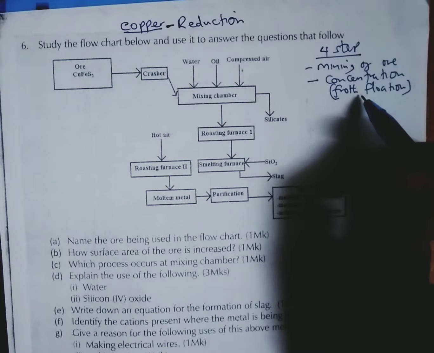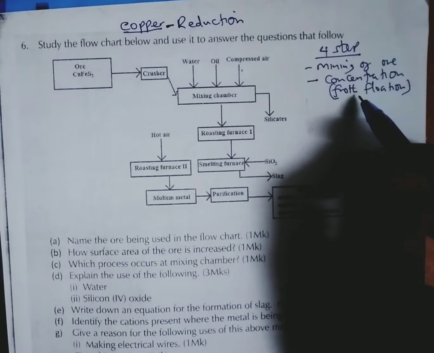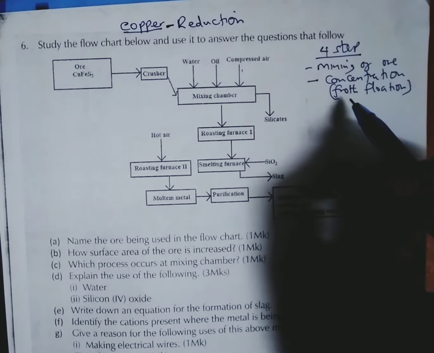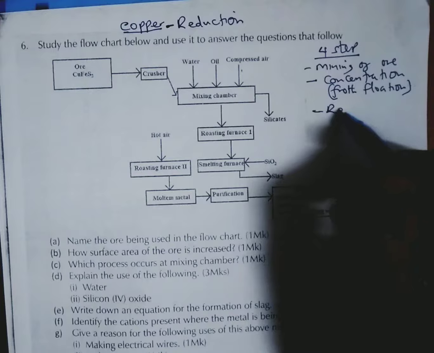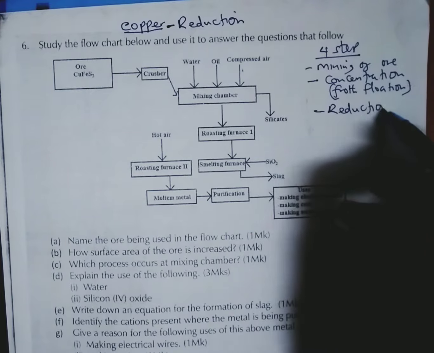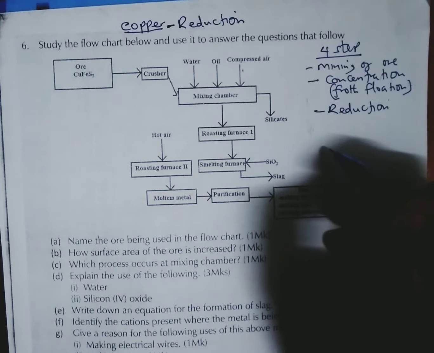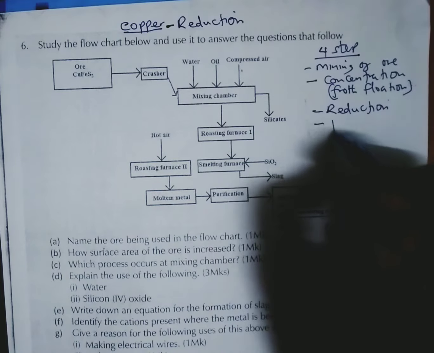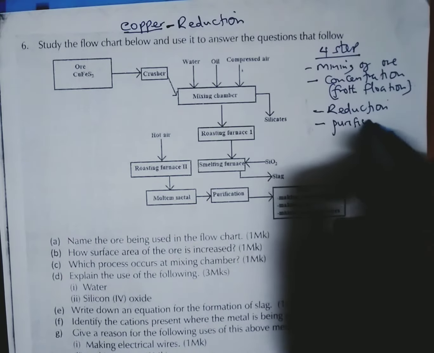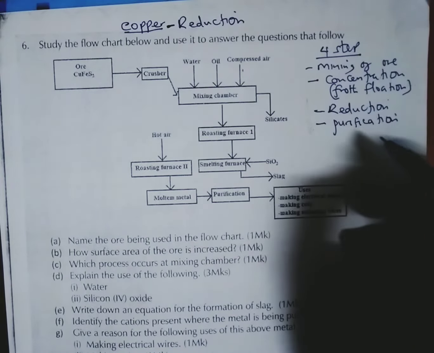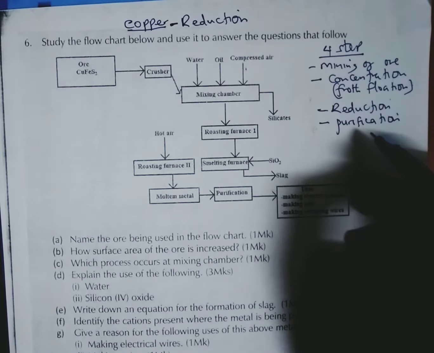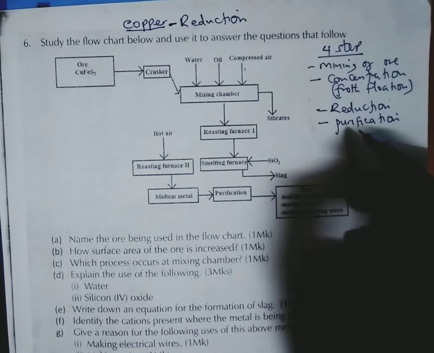Water sinks heavy impurities, mainly silica, and floats the ore, which is the chief ore we use to extract copper metal. After concentration of the ore, we do what we call reduction of the metal oxide, and lastly we do purification, since these metals have some impurities.